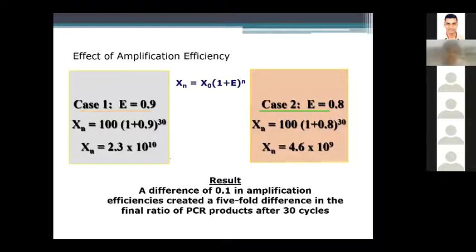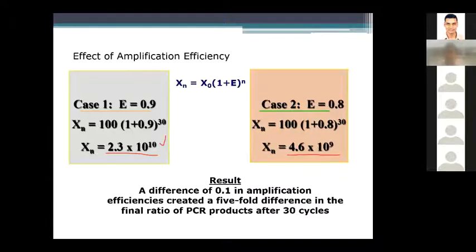So what is the effect of the amplification efficiency? For example, the efficiency of one primer is 0.9 or 90%, and another primer is 0.8. At the end of 30 cycles, what happened? The product is almost different.